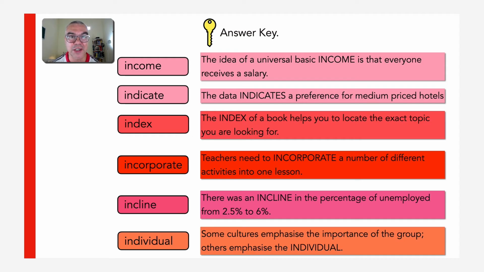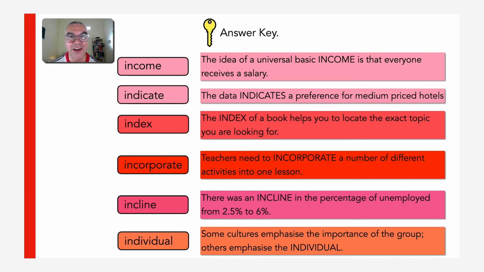Okay, the third word, it is index, meaning list. The index of a book helps you to locate the exact topic you are looking for. Next up is incorporate. That means include in this case. Teachers need to incorporate a number of different activities into one lesson.